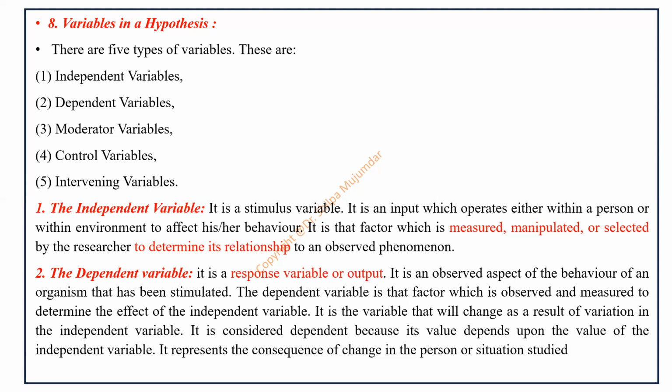But the weight which is going to decrease is completely dependent on what kind of vegetables you are eating, or in what quantity. Accordingly you will lose the weight, right? So this is why it is called the dependent variable.